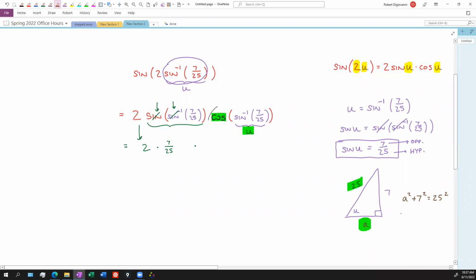And then we can solve for a. So a squared plus 49 equals 25 squared. If you need to get your calculator out here, you can. Okay, a squared equals, let's see, we subtract 49 from both sides and we get 576. And then we need to take the square root on both sides.